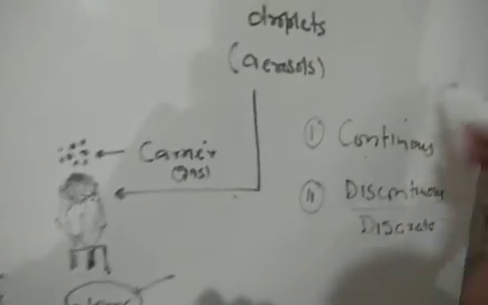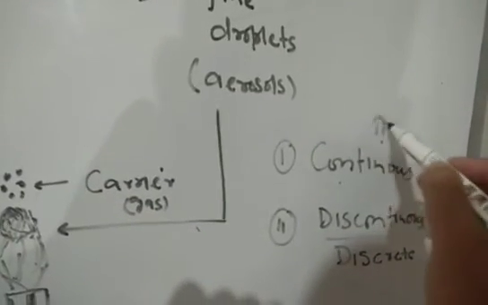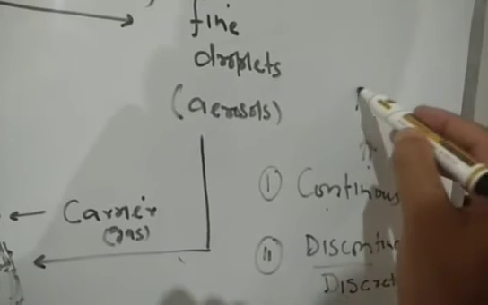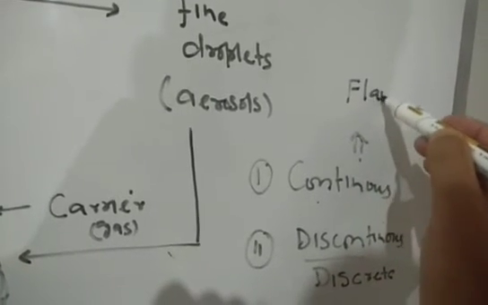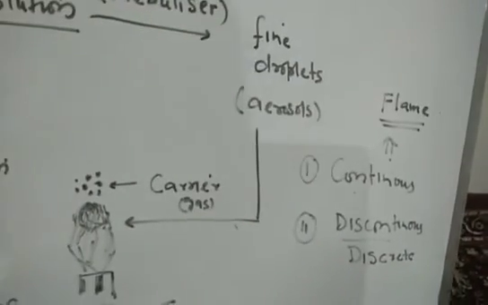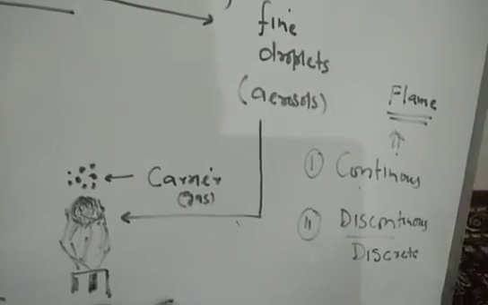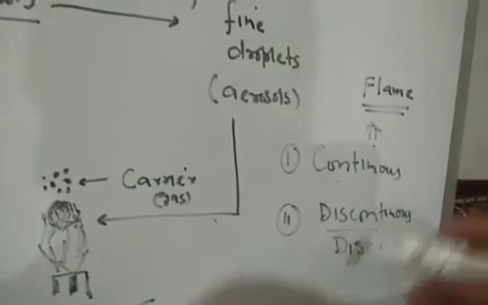So the example of continuous atomizer is, ये बहुत ही important है as far as objective examples से concerned है. That is the flame atomization. Example of the continuous atomizer is the flame atomizer.